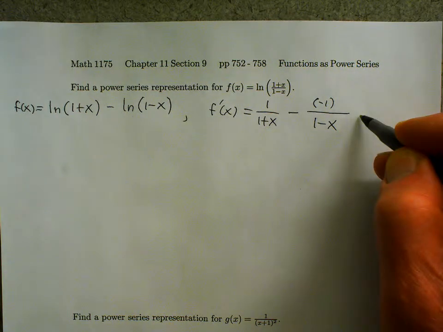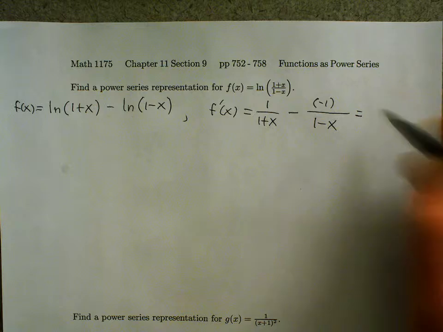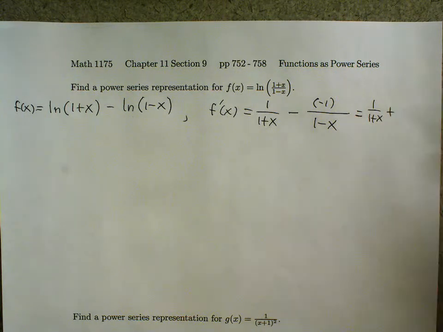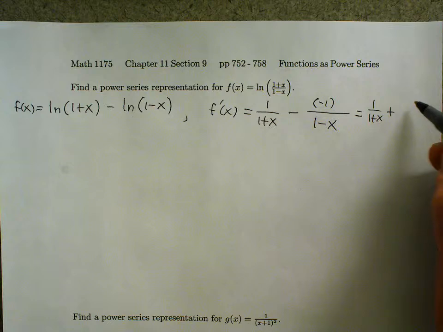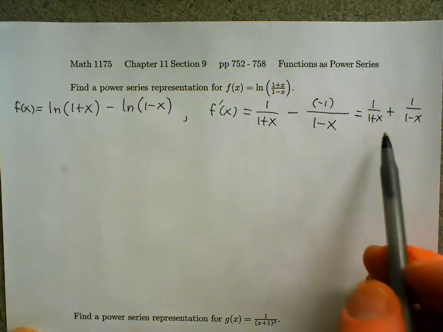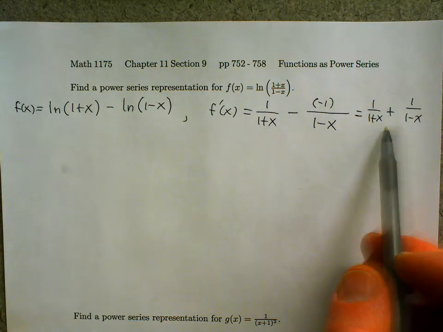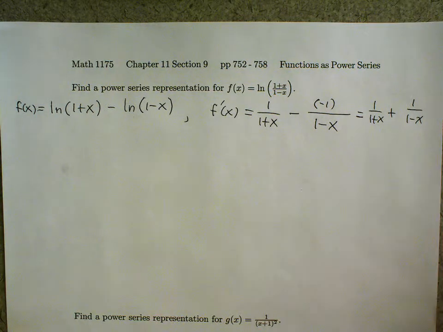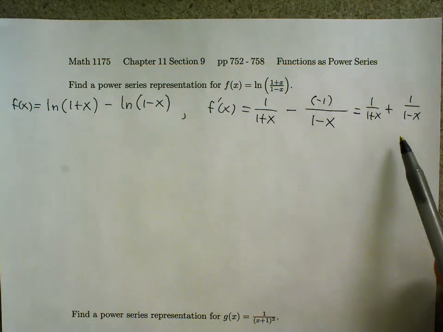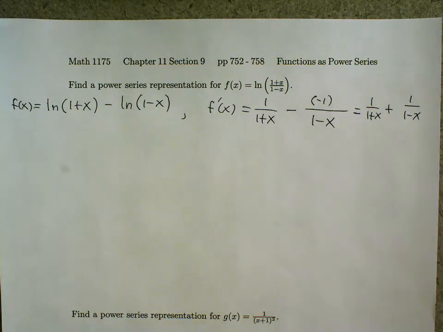And then we can write this as 1 over 1 plus x plus 1 over 1 minus x, that's the series that we found using the partial fractions on the previous page.